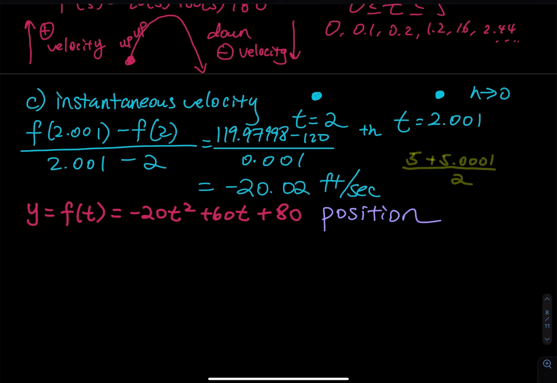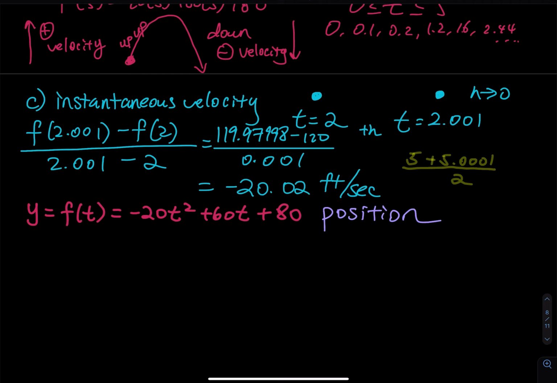But what I am trying to say is, you have one function to describe the position. Now, can you find one function to describe the velocity at any point, so you don't have to plug in like this anymore? Just find one function to describe every single velocity at every single point.